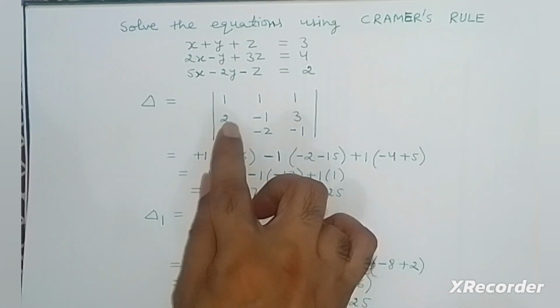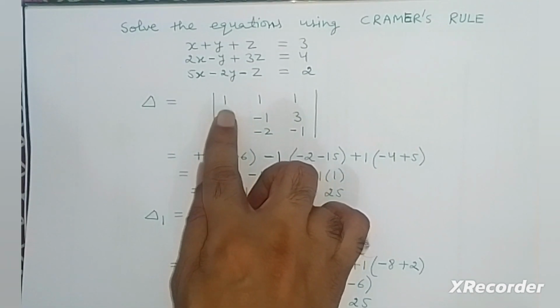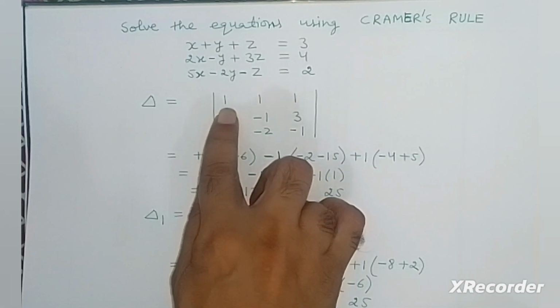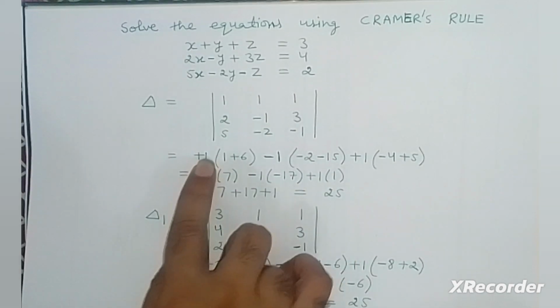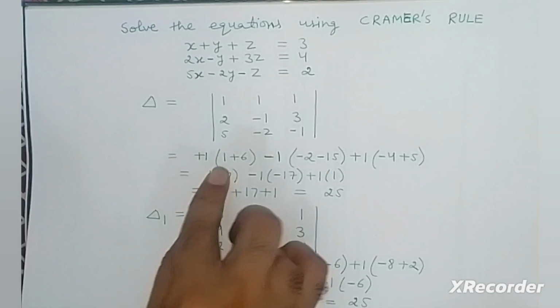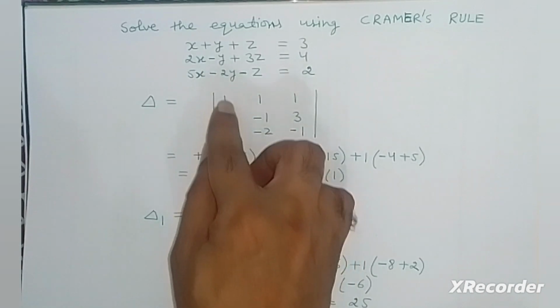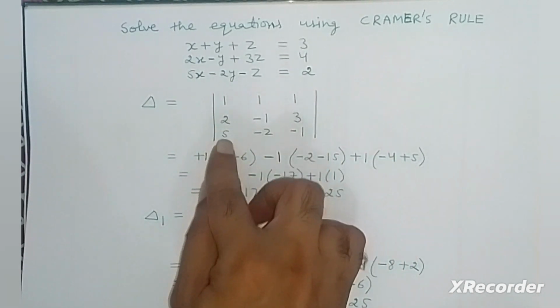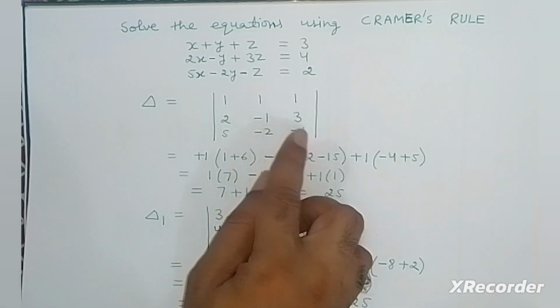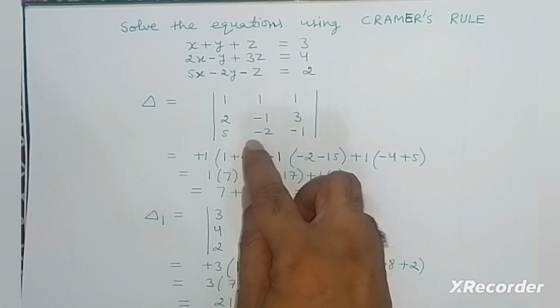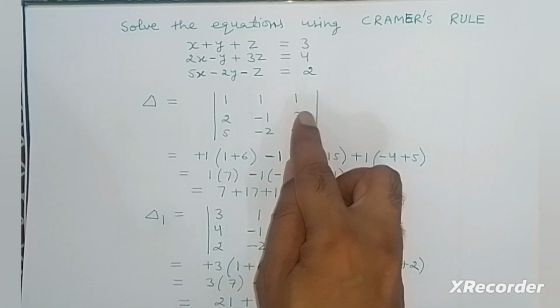So taking first row, so in the first row we have 1, so taking the value plus 1. Now we eliminate this and this and this. Now we multiply this value, minus 1 to minus 1 and subtract from this minus 2 into 3.